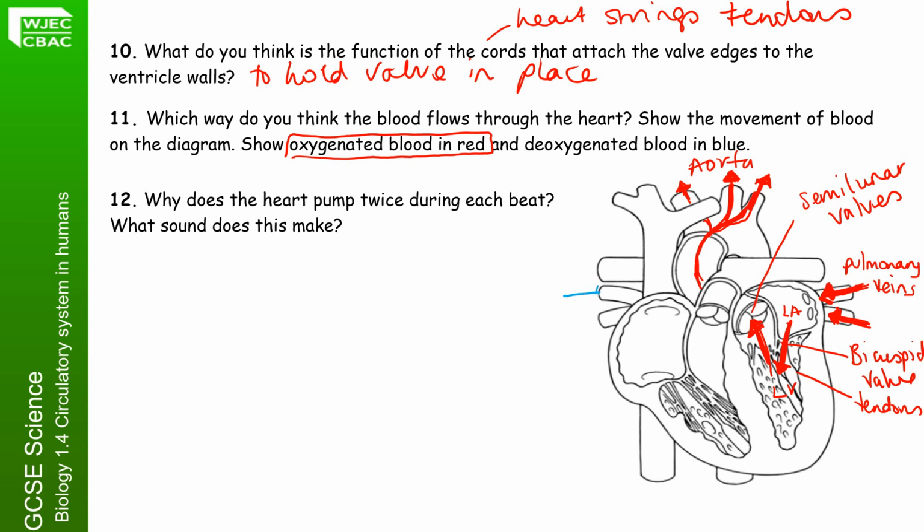So we've got two blood vessels coming in here that are deoxygenated, carrying deoxygenated blood, and we call these the vena cava. These are the veins.